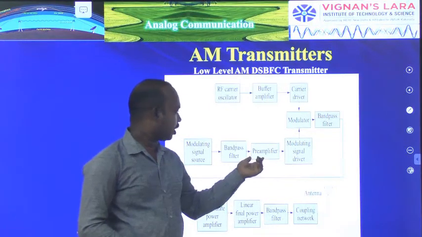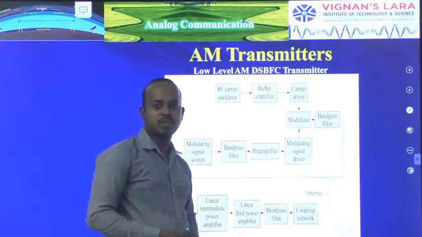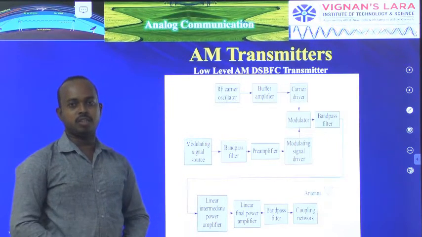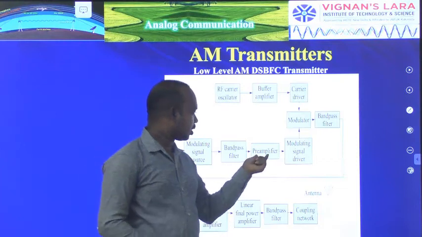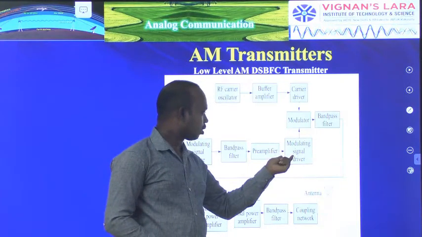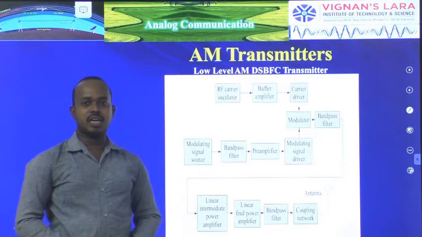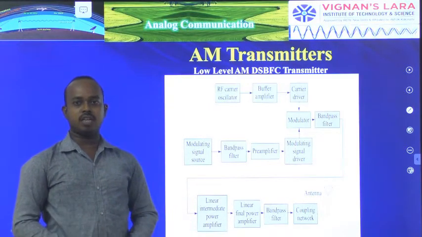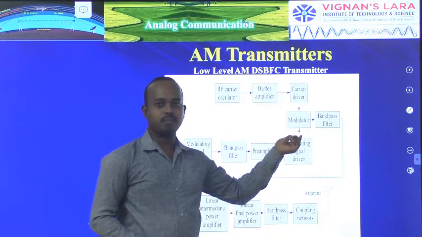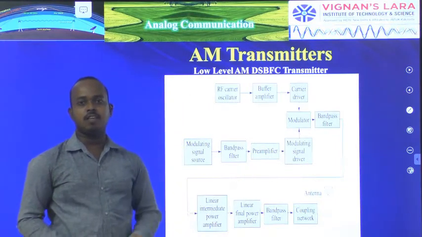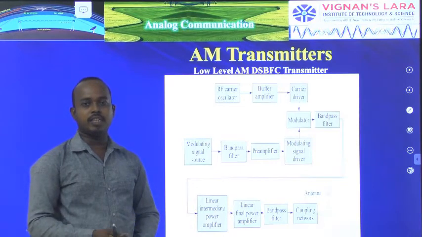This gives a sufficient level of modulating signal for the modulation technique. This signal is then assigned to the modulating signal driver, which passes it to our modulator. This is one way the modulating signal reaches the modulator.